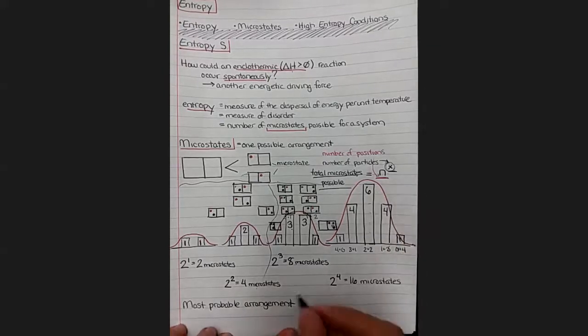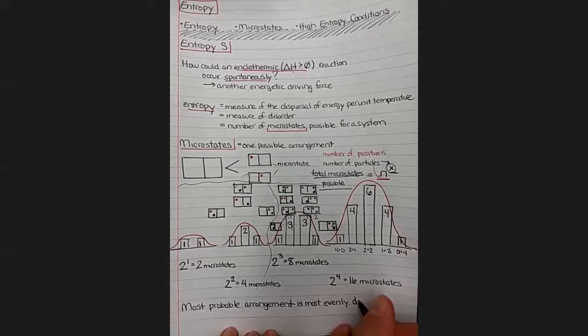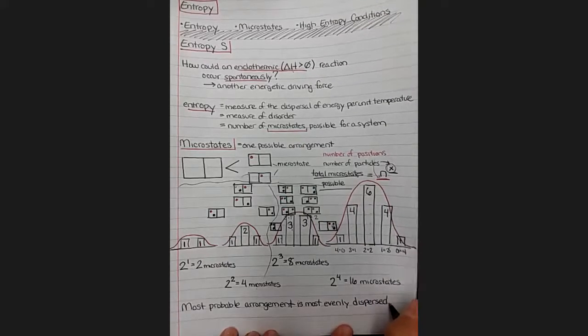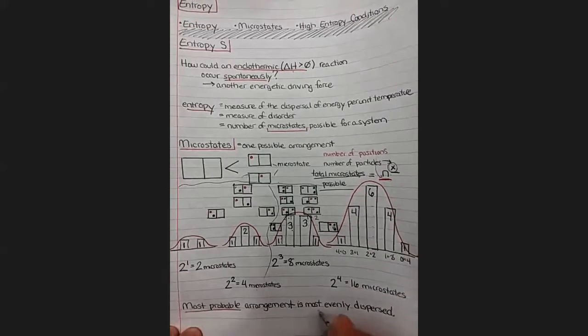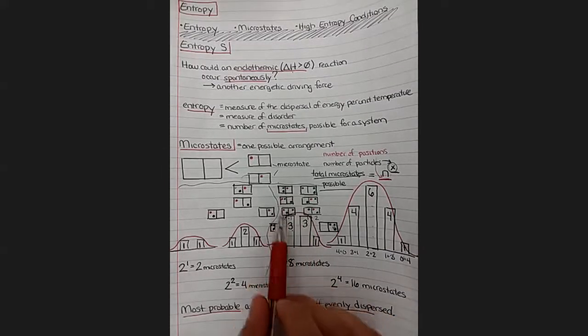The most probable arrangement is the most evenly dispersed option. This is an important part of why we did all these domino pictures. And that tells us that these pictures where the particles are about even numbers in all parts of the container, that's going to have the highest entropy. That's where entropy is going to lead us.